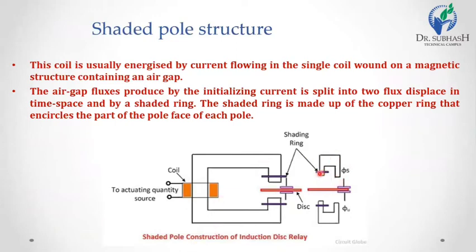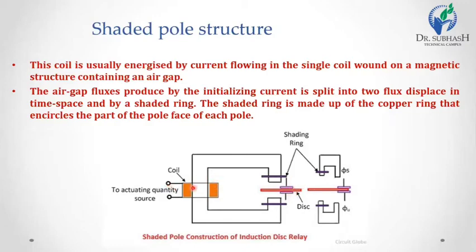Shaded pole type means the flux passes through the shading rings. When the flux passes through the shading ring, it focuses on this area and exerts a force, and the disc will rotate.